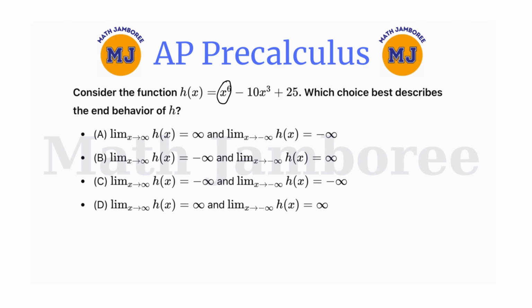And x to the power of 6 is a term with an even exponent. When I substitute negative values for x, the result will always be positive. So negative to the power of 6 is always positive, or positive something to the power of 6 is going to give you positive too.